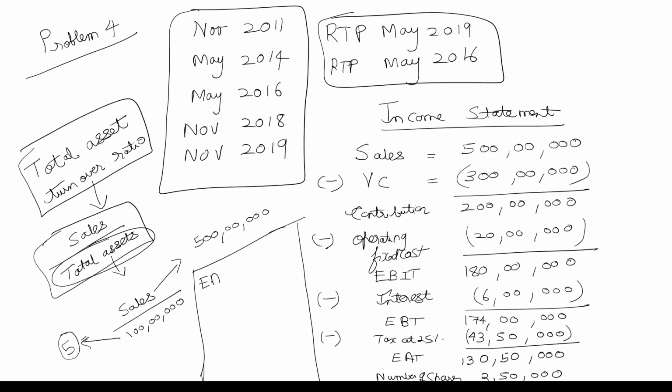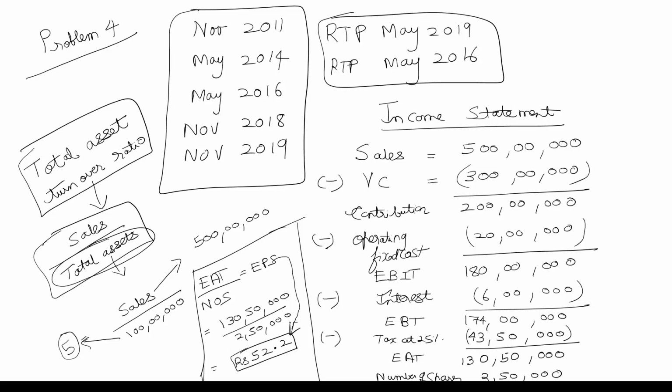If I divide earnings after tax by number of shares, then I get my EPS, earnings per share, which is going to be 130 lakhs 50,000, which is 1 crore 30 lakhs 50,000 divided by 2 lakh 50,000. So let's see what that is. 52.2. This is the earnings per share. I didn't have space, that's why I came here, but this is also a part of the income statement. So this addresses the first requirement of this question.